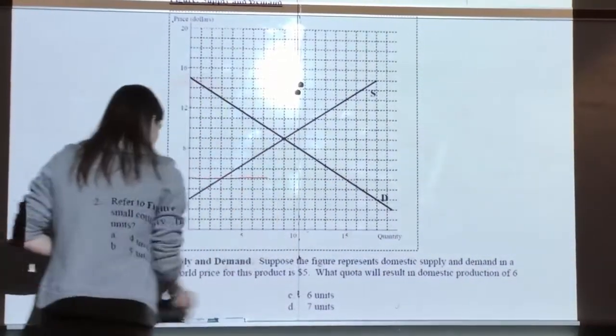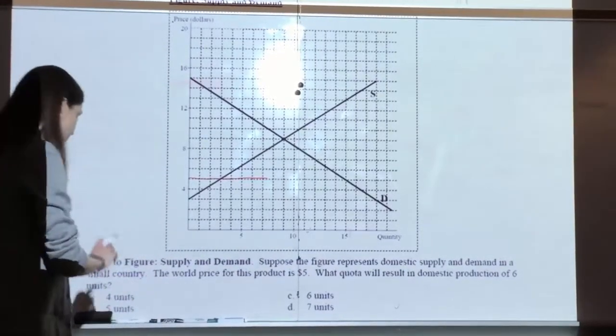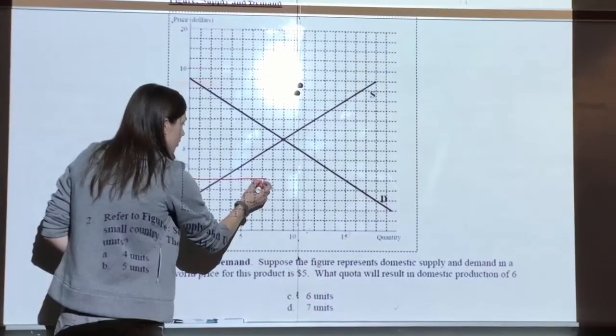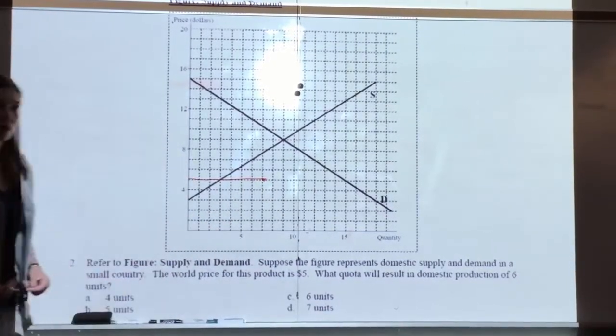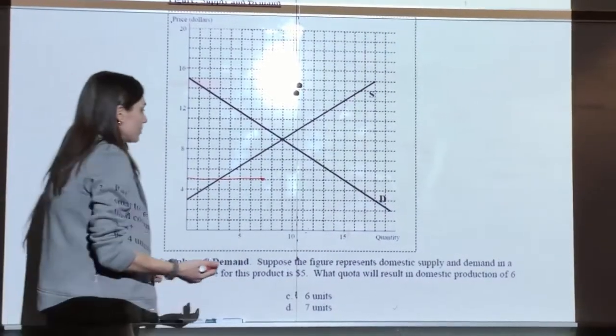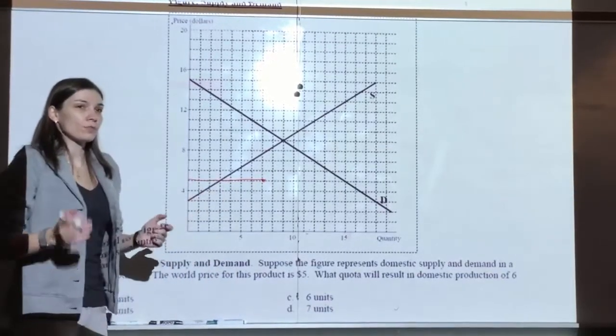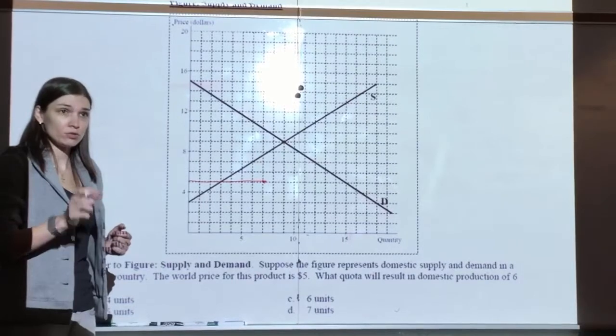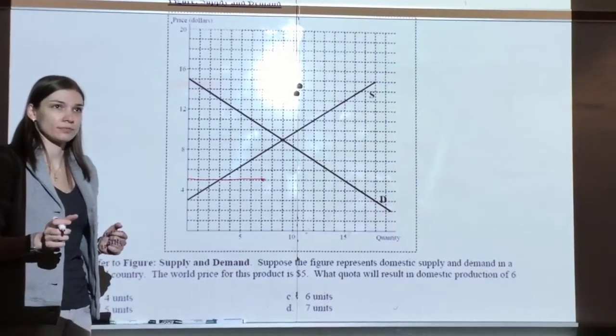Right, so let's start with 4. If there's a quota of 4 units, 1, 2, 3, 4, at this point domestic supply is going to kick in again, right? If there's a quota of 4, total quantity supplied needs to be 10, so that domestic supply is 6.